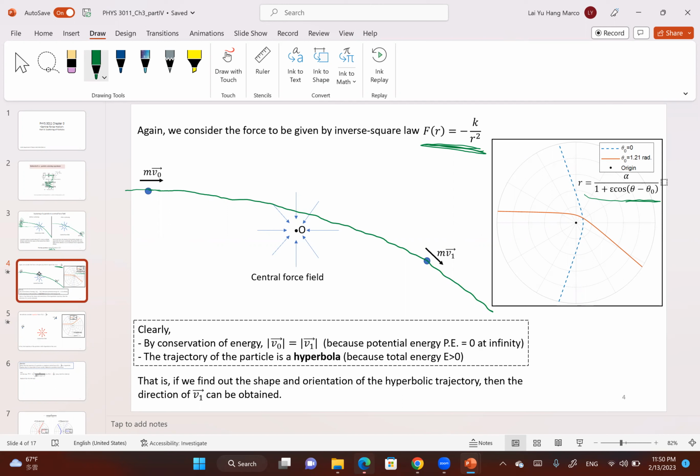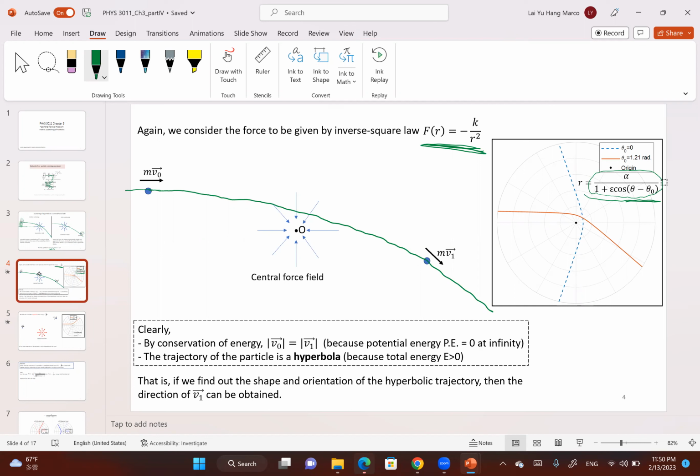But I did also mention that in general, this is the form of the hyperbola or other curve, but the theta naught not necessarily equal 0. The geometric meaning of this theta naught is a rotation angle of the curve. Here you can see that I'm drawing a red curve.